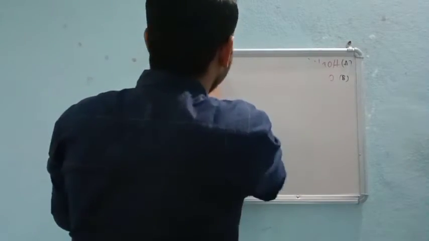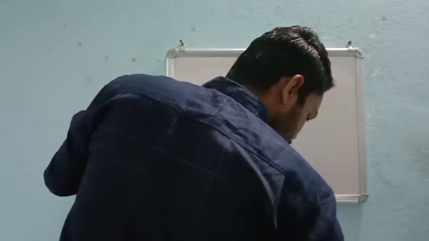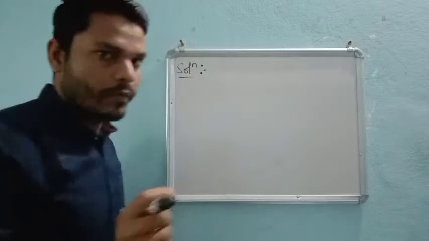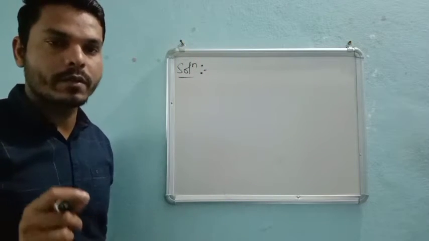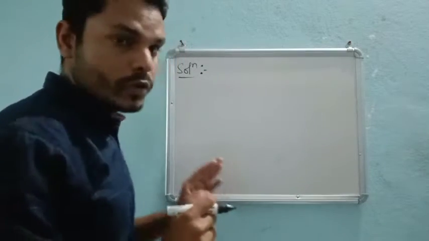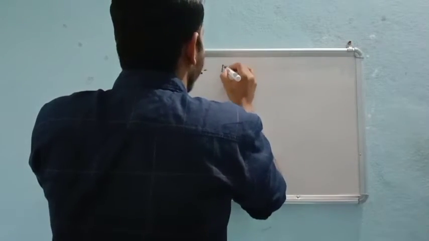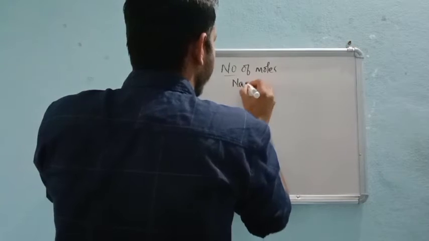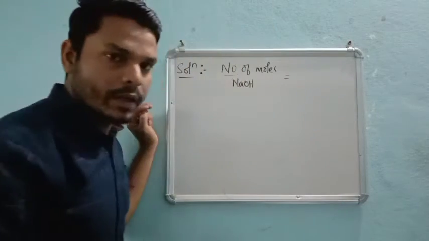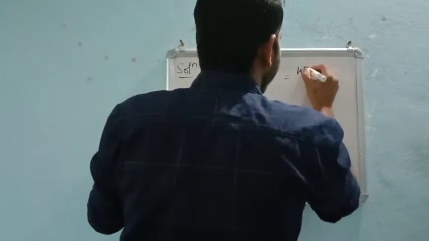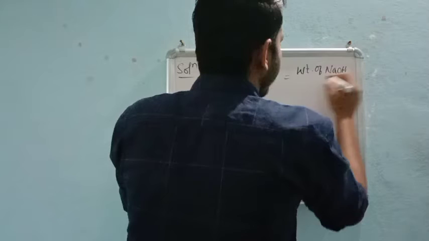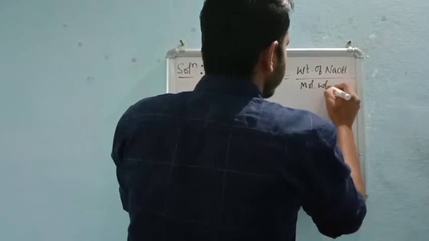Now if I go for the mole fraction of the solution, first, before the calculation of mole fraction, we calculate the number of moles of NaOH. The number of moles of NaOH is equal to the weight of NaOH divided by the molecular weight of the same, NaOH.